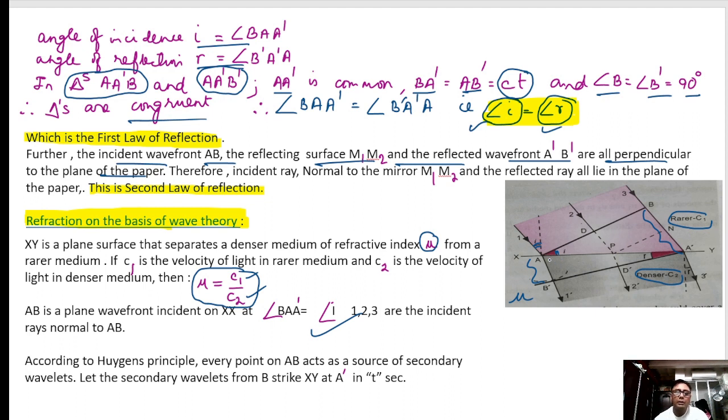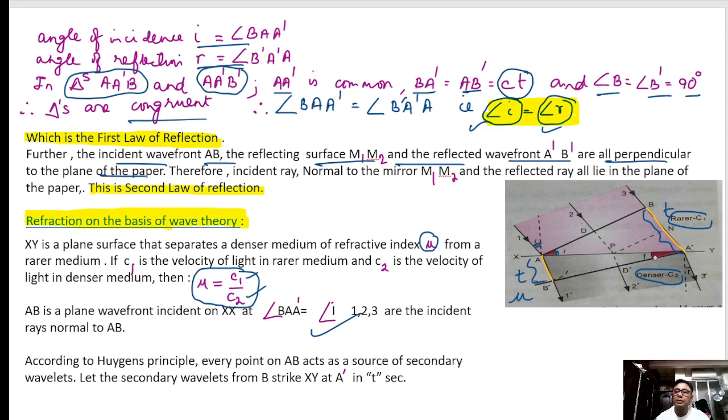So first of all, please watch here. The time in which A comes to B dash is the same as the time in which B comes to A dash.